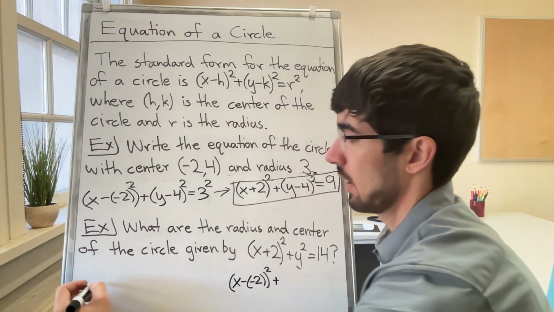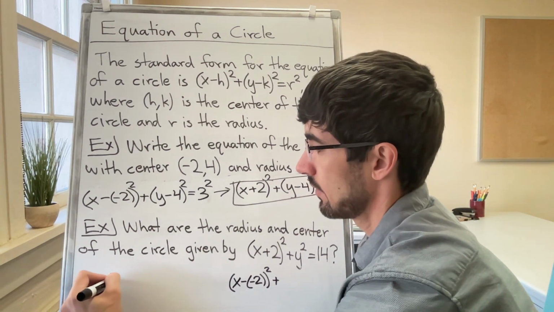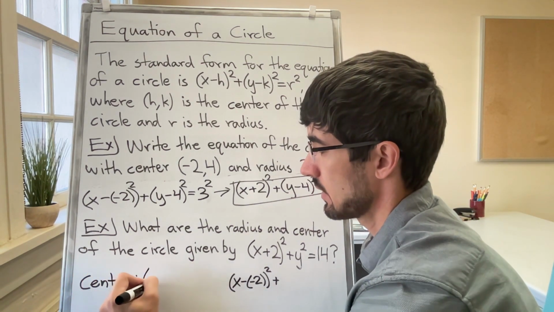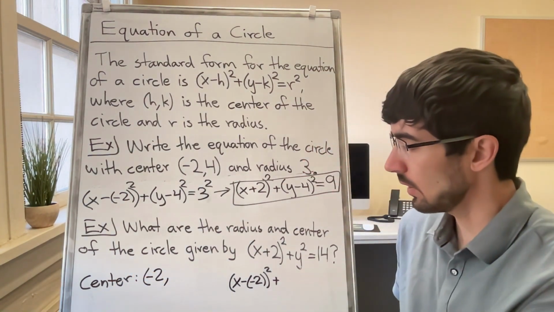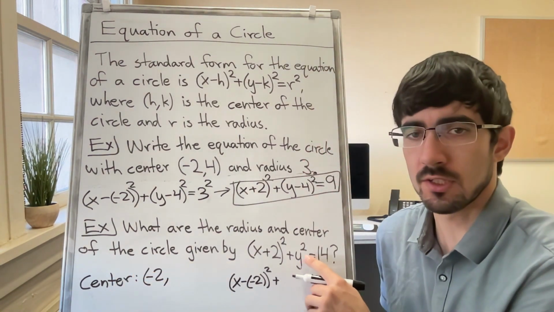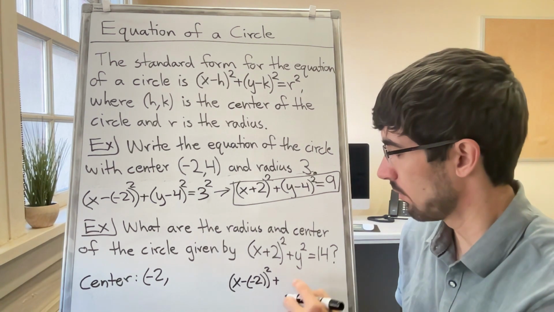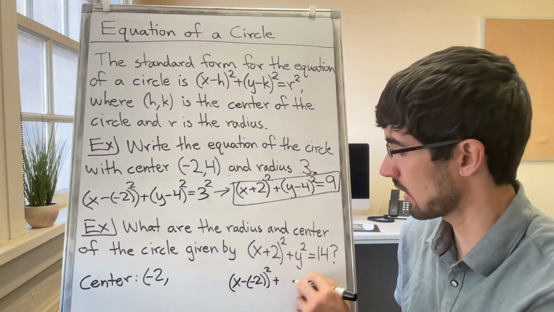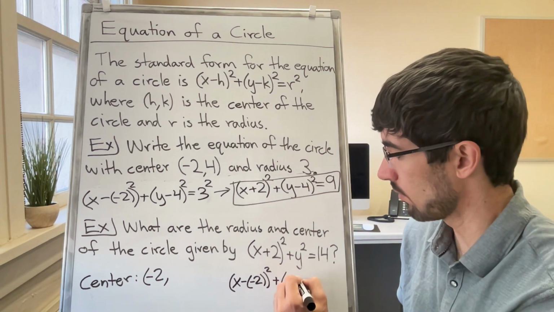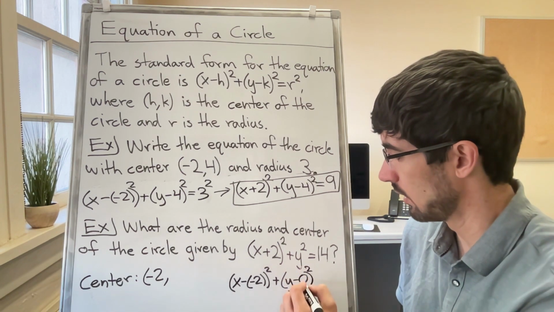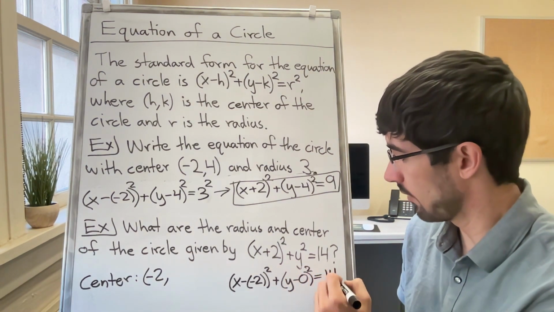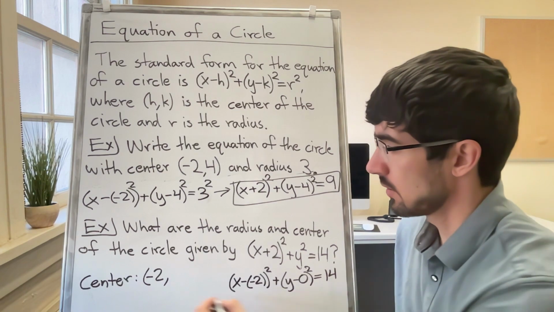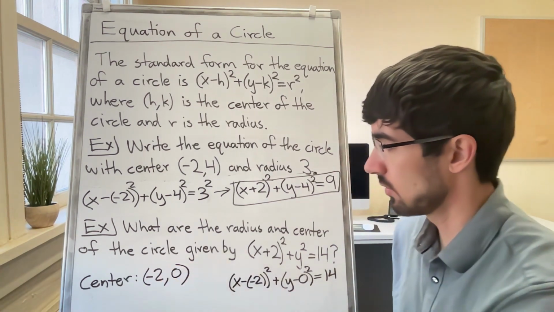And then I can recognize the x value of the center is at -2. But what about the y value of the center? This just says y squared. It doesn't look like anything is added or subtracted, but you could think of this as (y - 0)², just to make it fit the standard form. So that means the y value of the center is at 0.